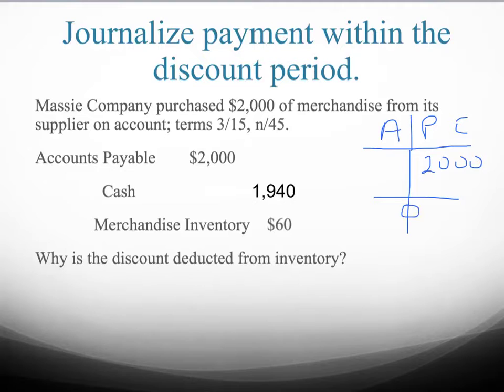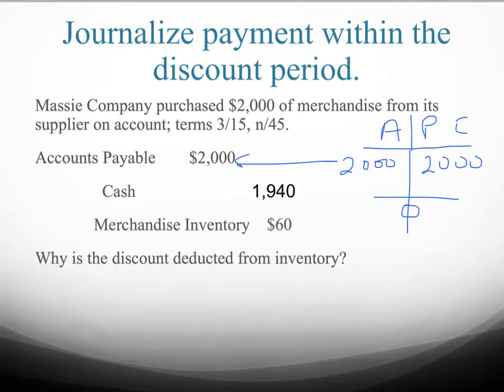We do not owe that person any more money. And so we do need to debit this $2,000. We are paying in the discount period, so we are not paying cash of $2,000. Our cash is going to be $2,000 minus our discount. In this case, our discount is $60.